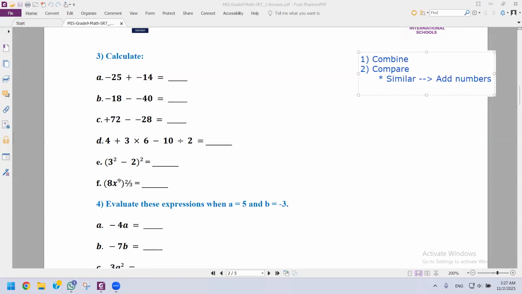Okay, if I compare them and they were different, what should I do? We should subtract the numbers. Then step number 3, take the sign from what? From the largest or the biggest value.